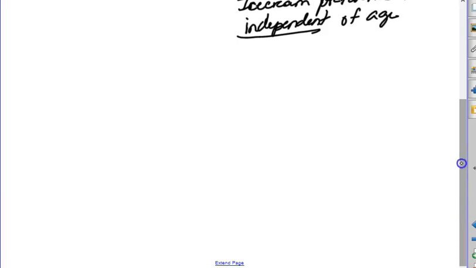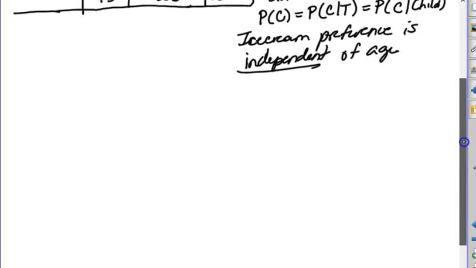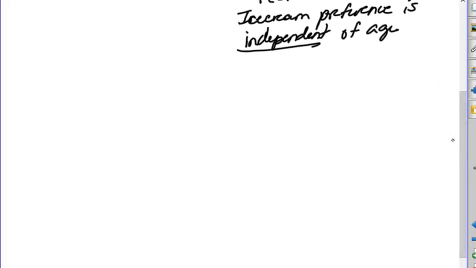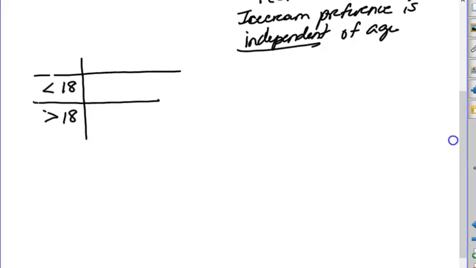Now let's look at an example where things are not independent. Let's use our same example, but look at under 18 and over 18, so minors and adults, with the same ice cream flavors, chocolate and vanilla.